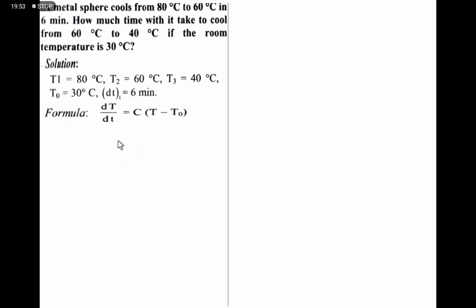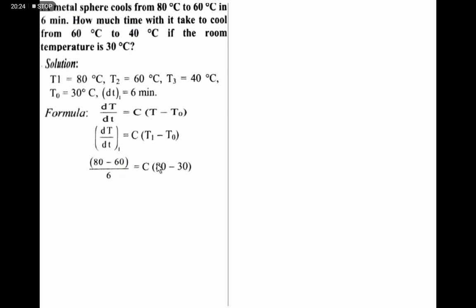Newton's law of cooling, rate of fall of temperature, for the first time we have to find out. Here the rate of fall of temperature we can calculate, because T2 and T1 are given. So we'll write 80 minus 60 by 6 minutes, equals C into bracket 80 minus 30, where 30 is the room temperature.